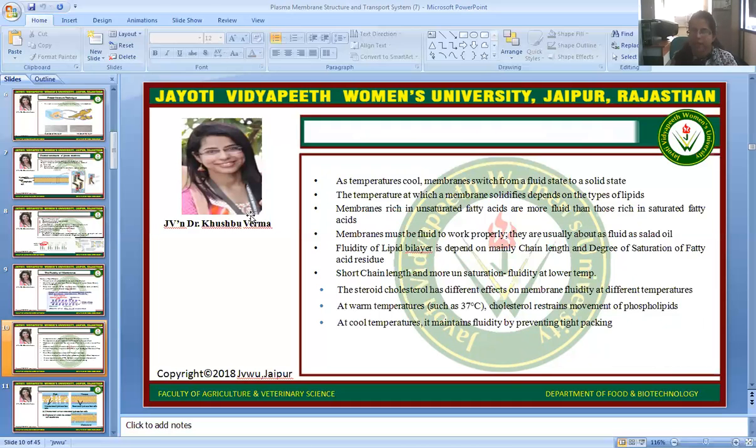Fluidity of the lipid bilayer depends mainly on the chain length of the fatty acid tail and the degree of saturation of the fatty acid residues. It means if a phospholipid has a long fatty acid chain, the chains will contact each other more and fluidity will be less.